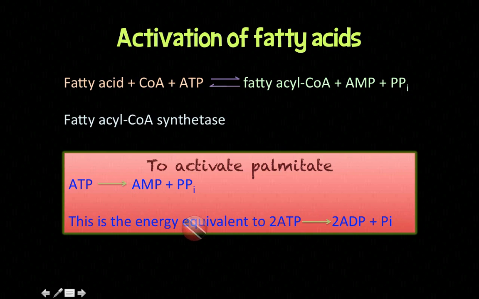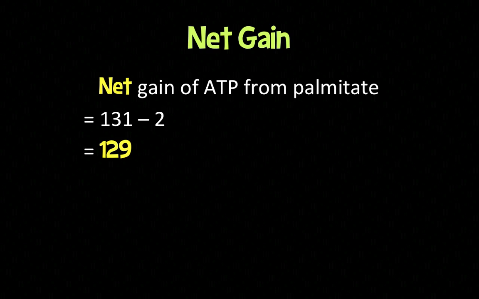And this is the energy equivalent of 2 ATP molecules going to 2 ADP, because each ATP is going to lose 1 phosphate to become ADP. So it's the energy equivalent of that. So knowing this, we then say the net gain of ATP from palmitate is the total, which is 131, minus the 2 that we use to activate the palmitate in the first place. So you get 129. And that's your final answer, guys.